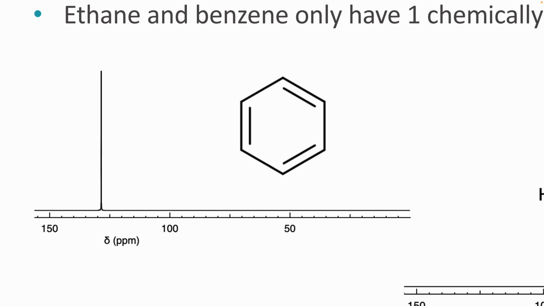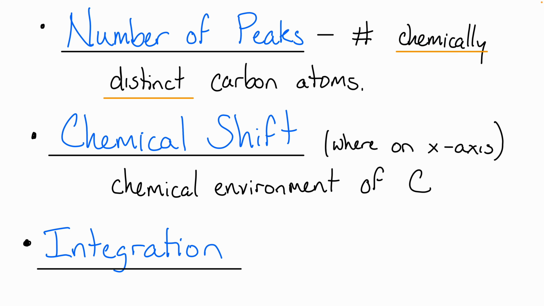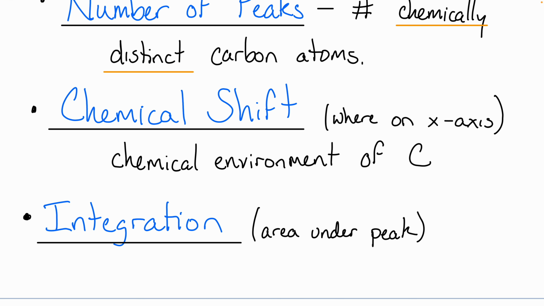Anyways, the computer goes in and tells us what the area under this curve is, and that corresponds to the number of carbons in that peak. All right, so my integration, my area under my curve, under my peak, this gives us information about the number of carbons in that chemically distinct group.